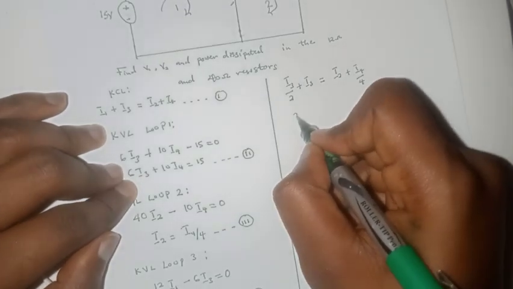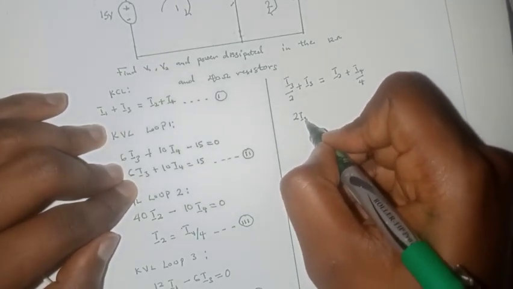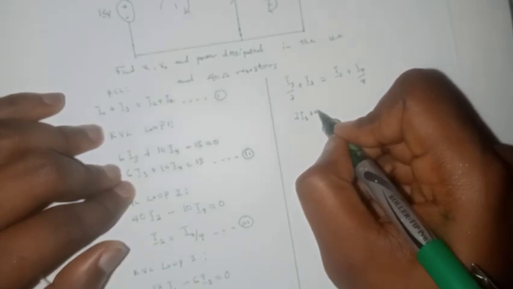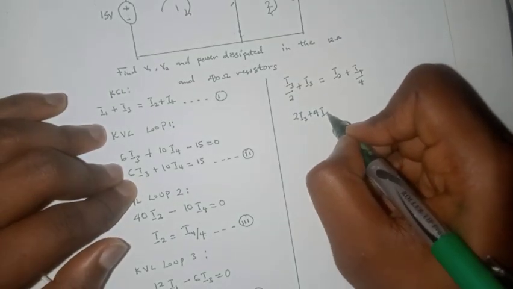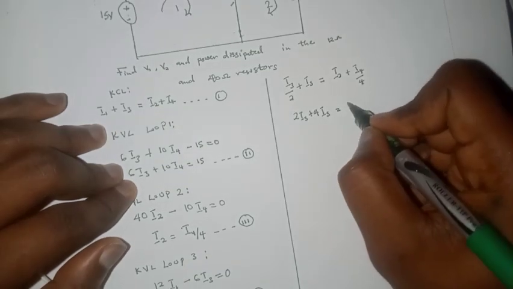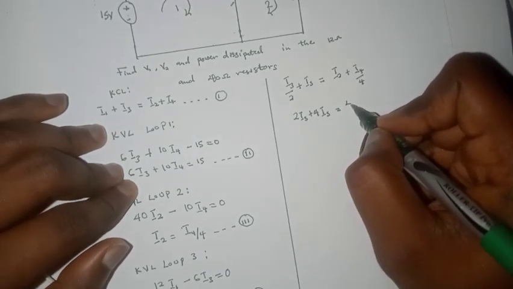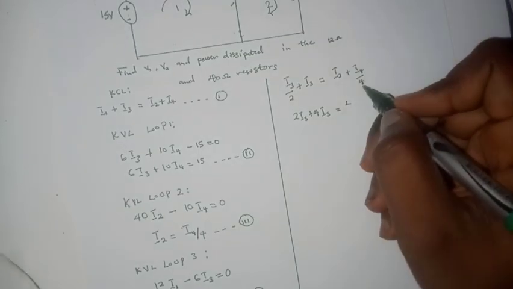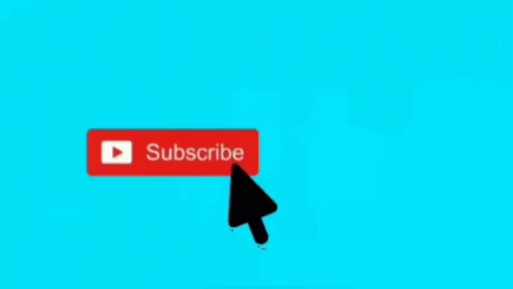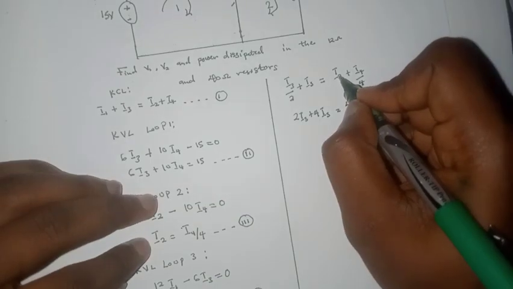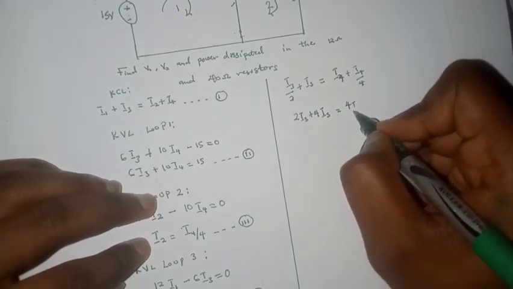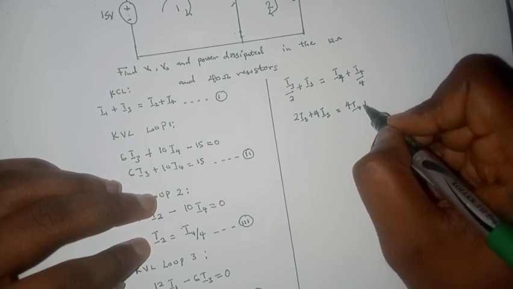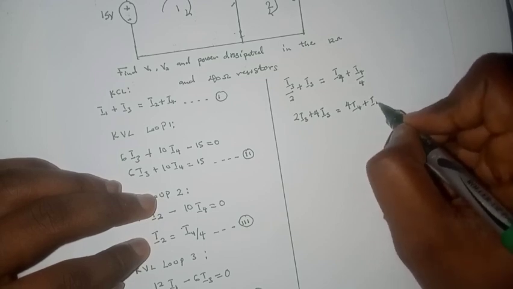That would give us 2I3 plus 4I3 equals, this should be I4 equals 4I4 plus I4.